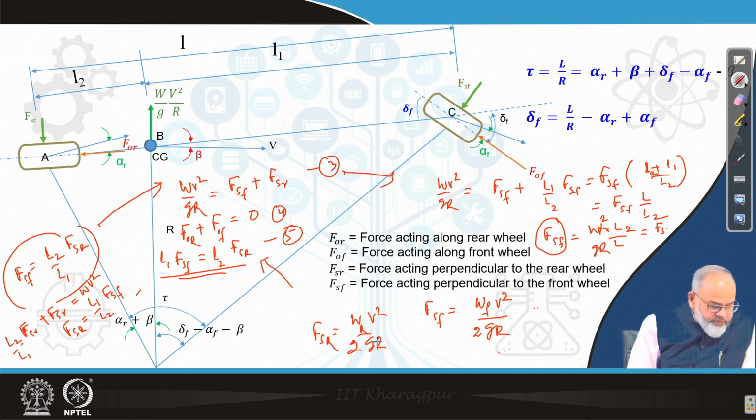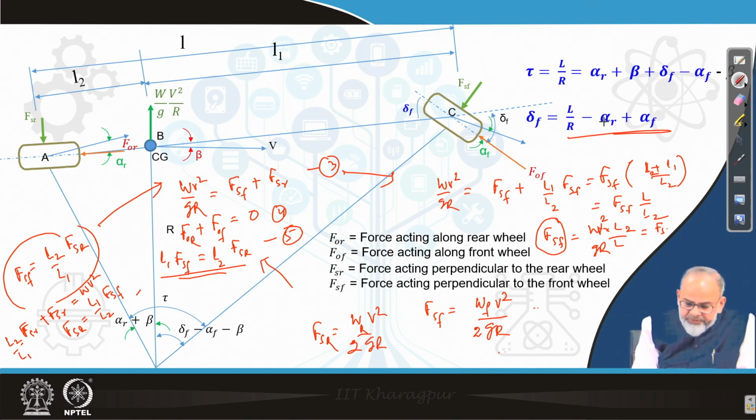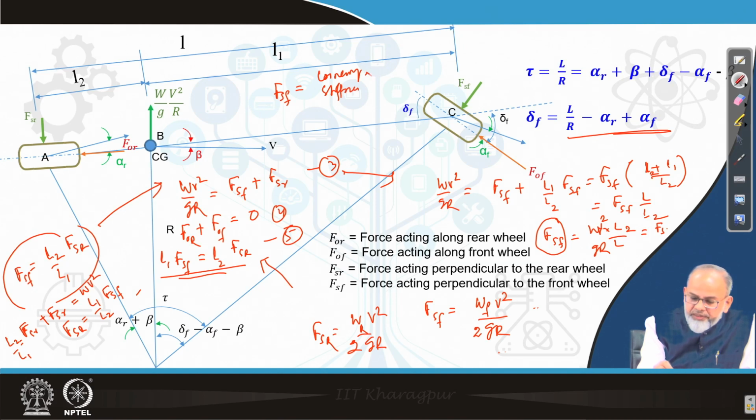Now, before substituting this into the equation, we have to find out the relationship between F_sr and F_sf with the slip angle. Usually F_sf is related to the slip angle, that means the cornering stiffness into the slip angle.